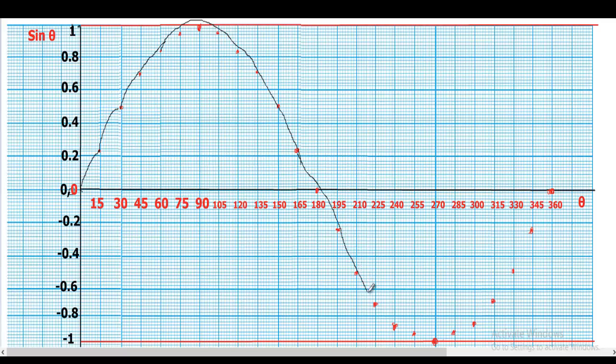As you see, it will give you a wave shape. So that's why the sine graph is a wave.